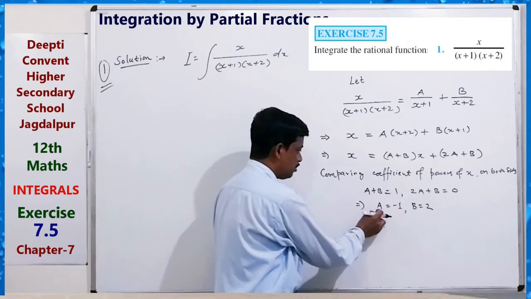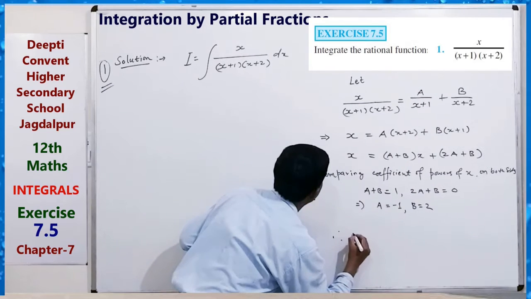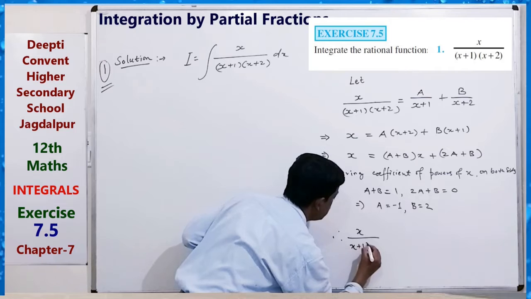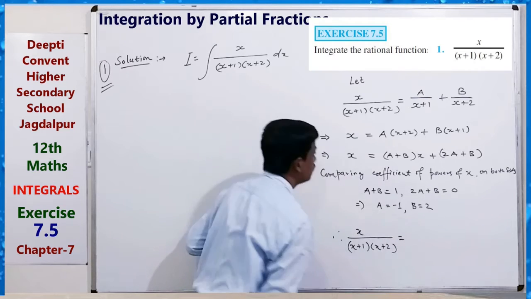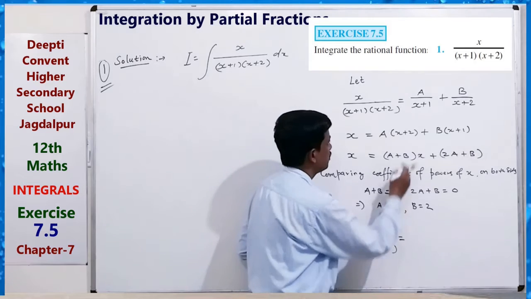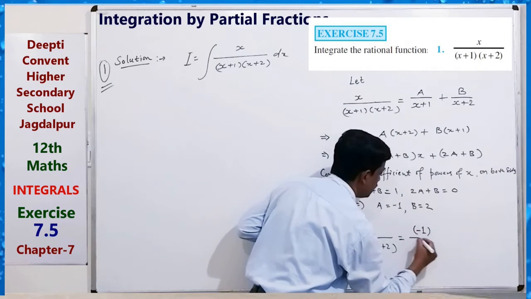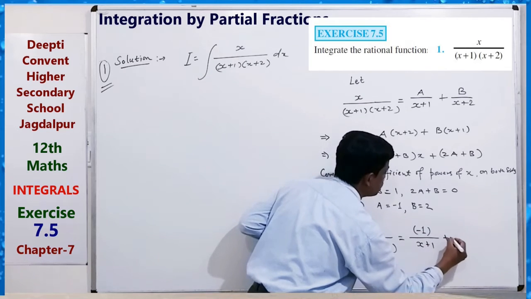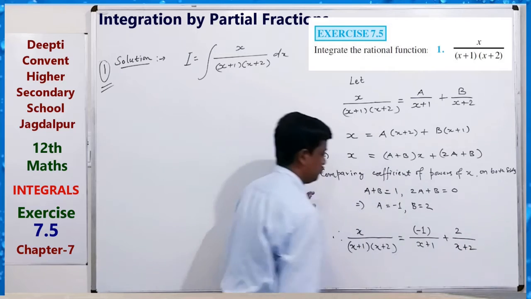Now putting A equals minus 1, B equals 2 here. Therefore, the fraction x upon (x plus 1)(x plus 2) equals, how can you write? Minus 1 upon x plus 1, plus B means 2 upon x plus 2.